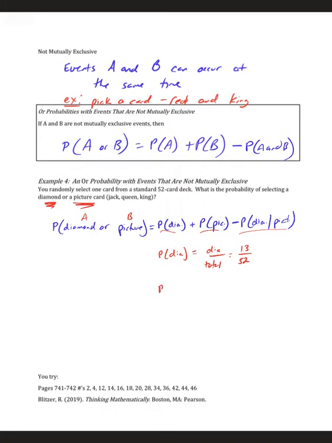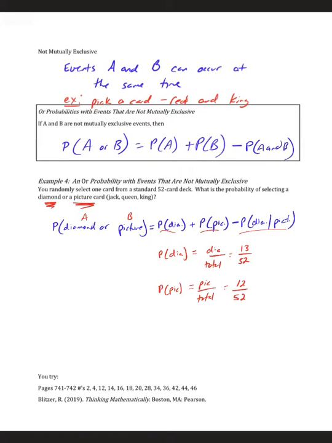And then we want to find the probability of a picture card. We said that we want to take the picture cards divided by the total. Well, picture cards are Jack, Queen, King, but we have 4 of each of those because you have 1 in each suit. So therefore, we have 12 altogether because you have Jack, Queen, King, 3 out of 4 different suits. 3 times 4 is 12. Again, out of a total of 52 cards.